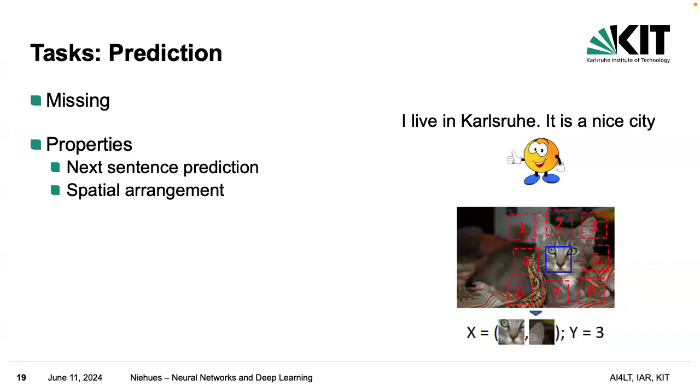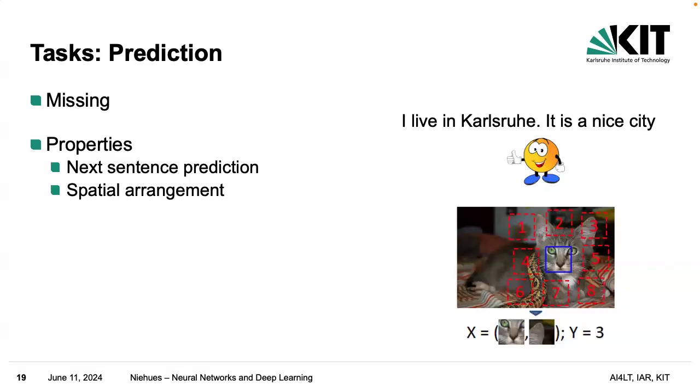Another example from images is spatial arrangement. You take one patch of an image, like here in the middle, and then you give it one other patch, like this one, and it has to predict what the arrangement is. For example, you see the blue one, and you have 8 possibilities, 1, 2, 3, 4, 5, 6, 7, 8. 7 is below, 2 is above, and so on.